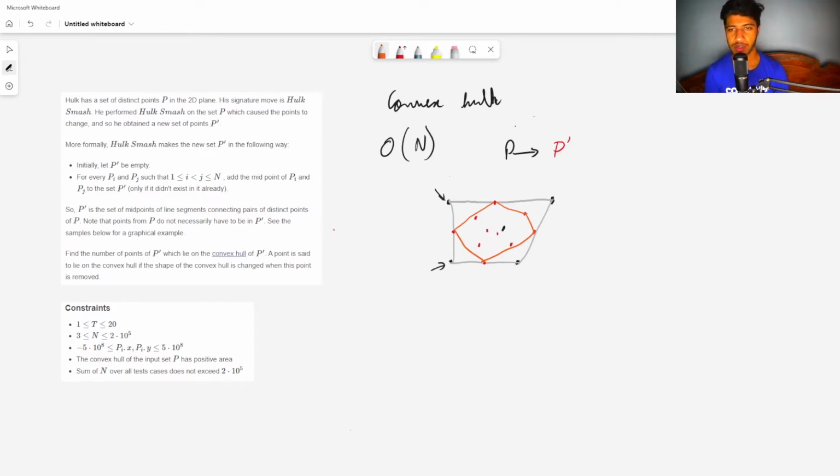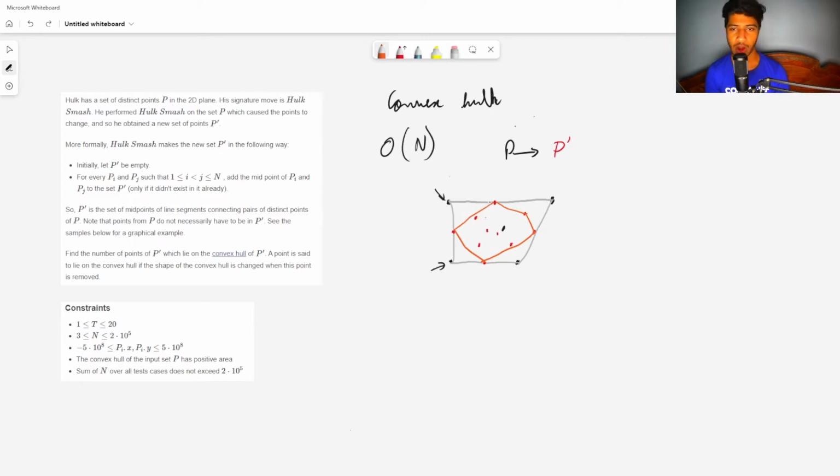What you need to find is the number of points that lie on the convex hull of P dash. What does it mean for a point to lie on the convex hull? It means that if you remove that point, the convex hull changes. For example, this point is not lying on the convex hull, because if you remove it, the orange convex hull will not change.